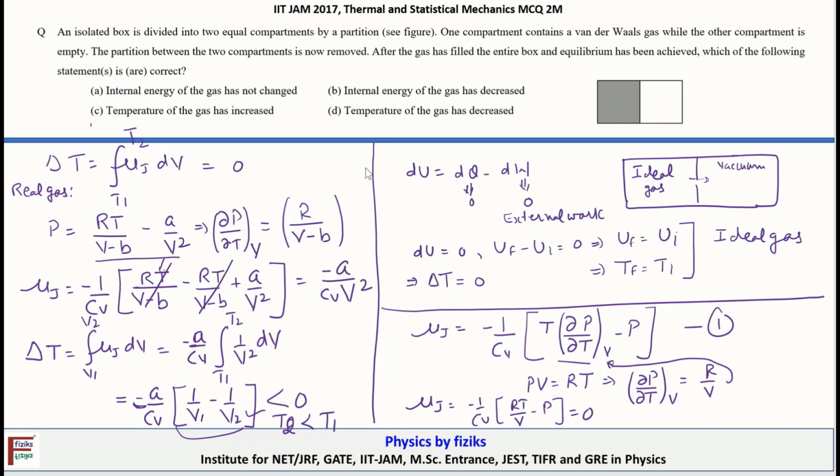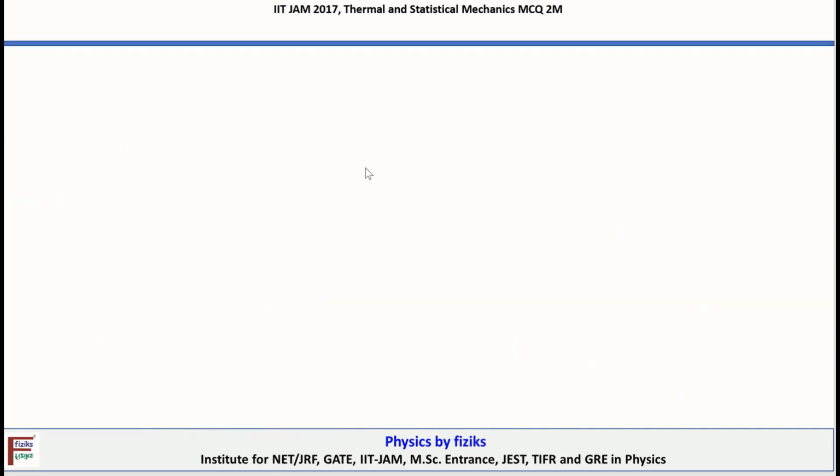So this equation explains that whenever a real gas undergoes free expansion, there is no net change in the internal energy, irrespective of whether we are talking about the real gas or the ideal gas.